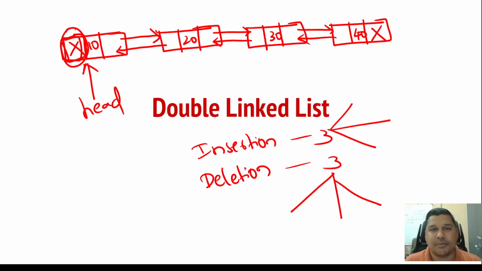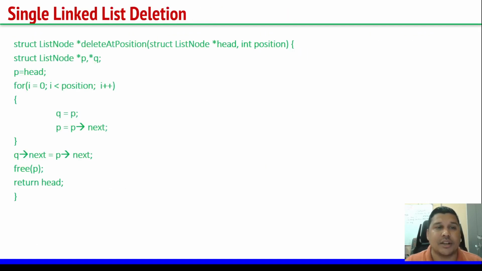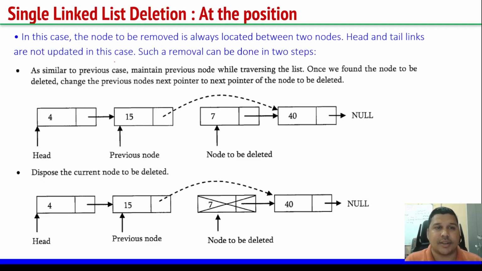And if you observe in a single linked list, if I just go back and we discuss this, deleting at any position in a single linked list. In a single linked list, when you want to delete any element at any given position, if you remember, I told we have to use 2 pointers P and Q, right?